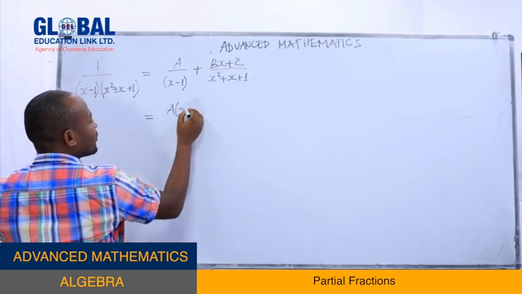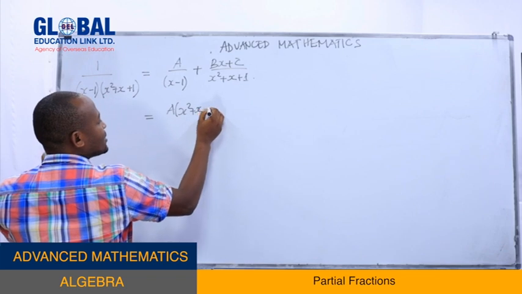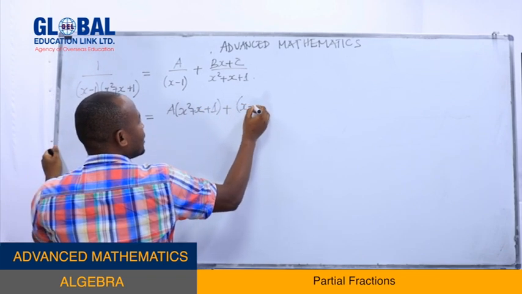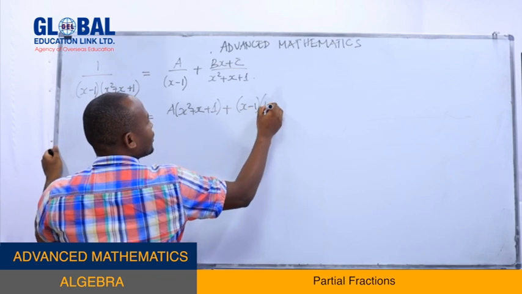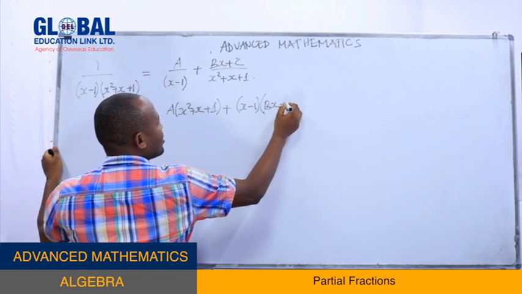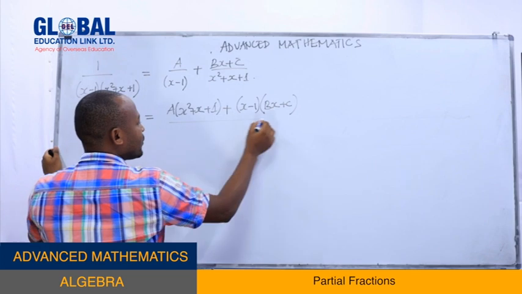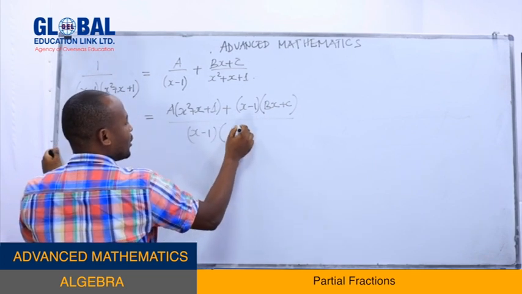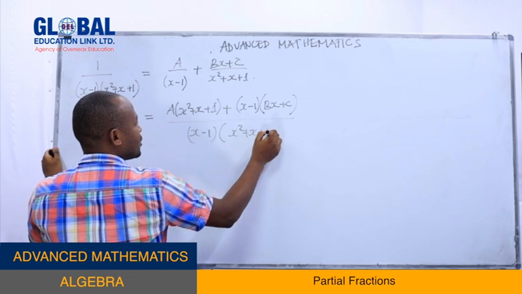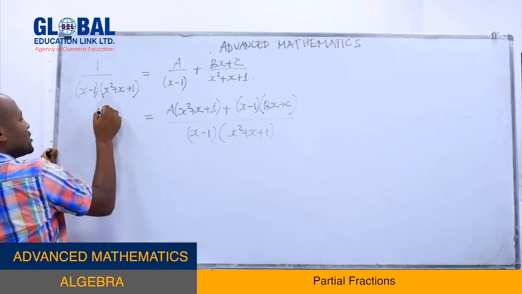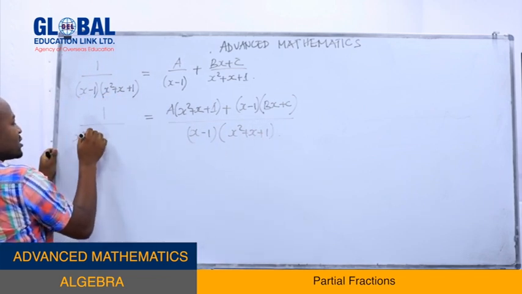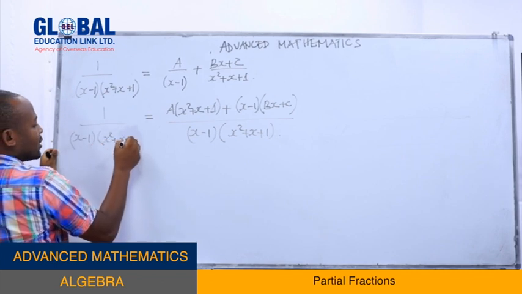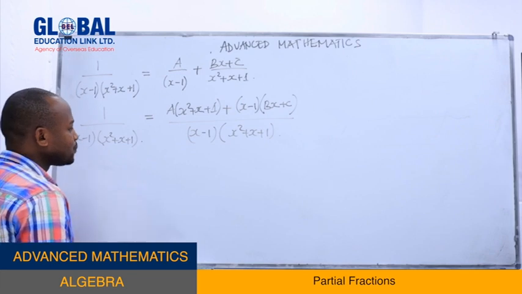It will be a, x square plus x plus 1 plus x minus 1 bx plus c, over x minus 1 x square plus x plus 1, and that is equated to 1 over x minus 1 x square plus x plus 1.